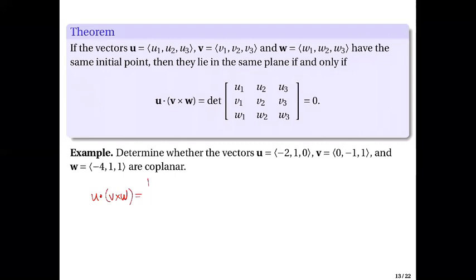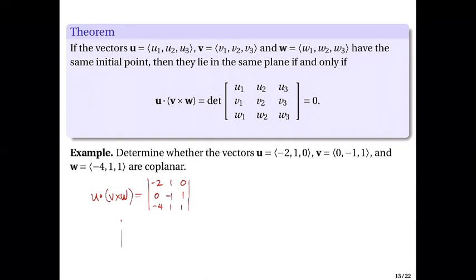So we look at the determinant: negative 2, 1, 0, 0, negative 1, 1, negative 4, 1, 1. And then let's use the other technique that we know in solving determinants of 3 by 3 matrices.